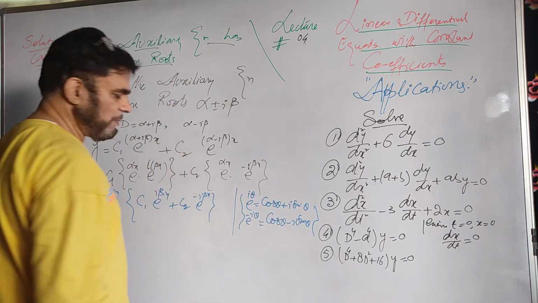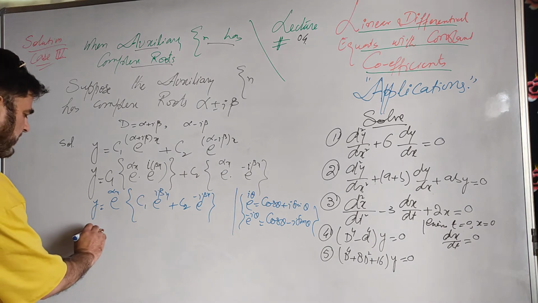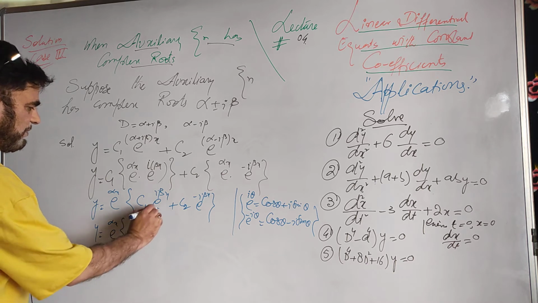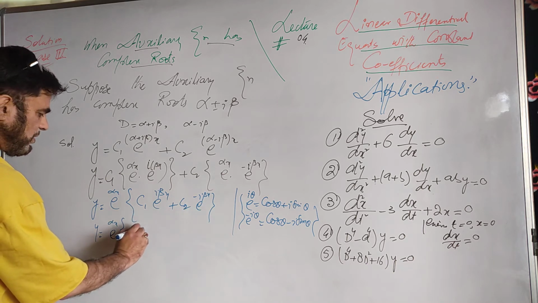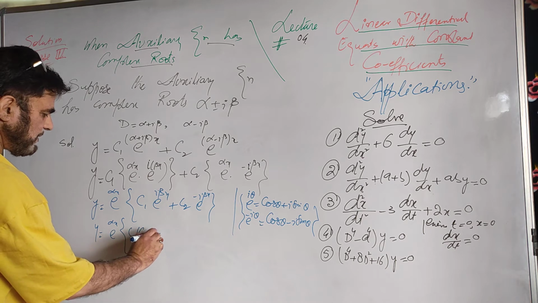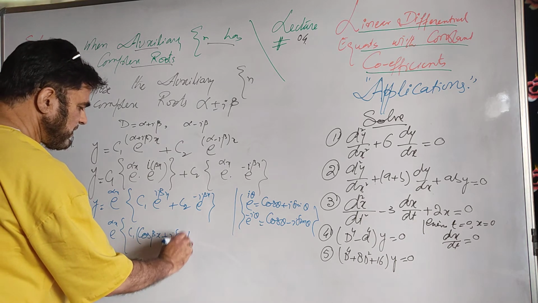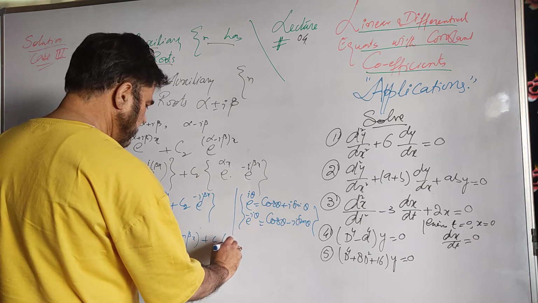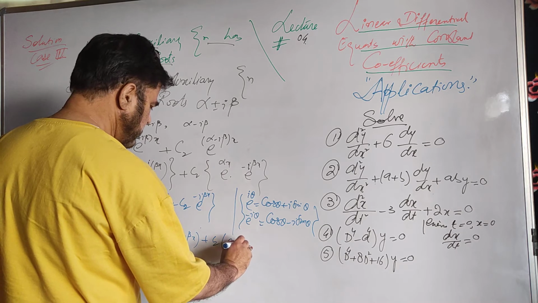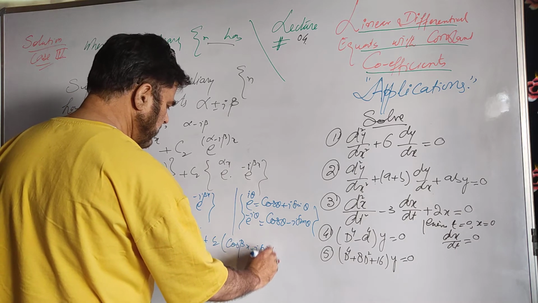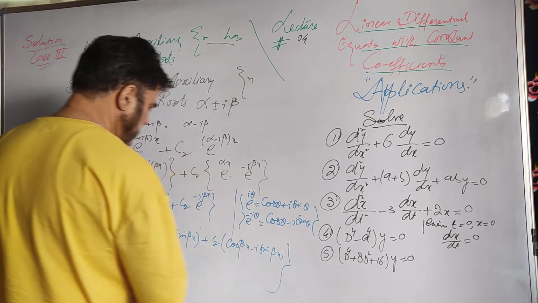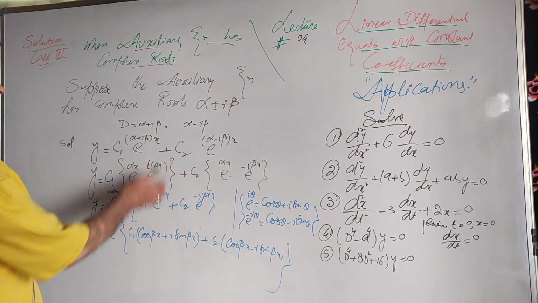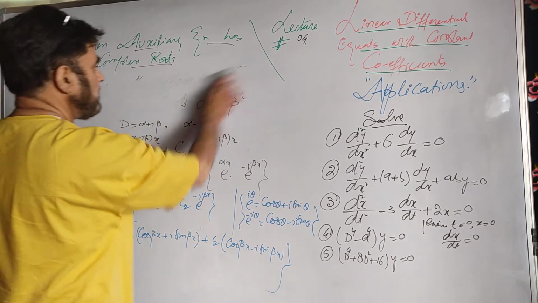So y is equal to e raised to power alpha x, c1 times cos beta x plus iota sine beta x, plus c2 times cos beta x minus iota sine beta x. Afterwards you can remember the formula directly, but I am just deriving this to give you the notion of where it comes from.